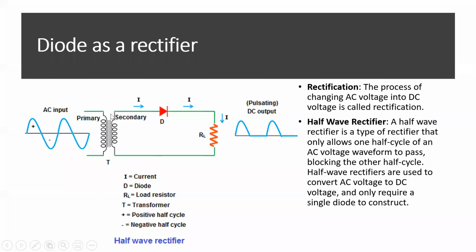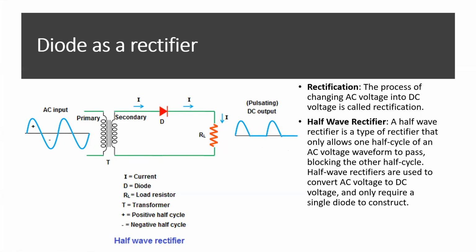During the positive half cycle, the upper end becomes positive, the lower end becomes negative. Current usually flows from positive to negative, right? So current flows in this direction, that is, in the direction of the arrow mark. So current will flow like this through the load resistance. What is load resistance?